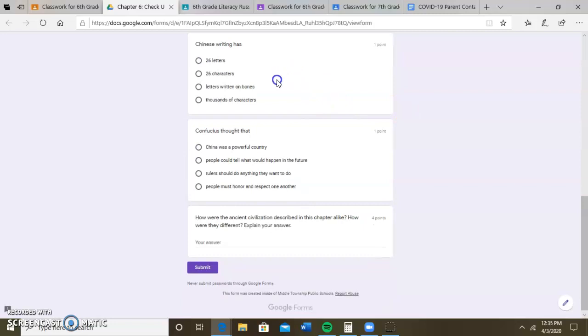Chinese writing has A, 26 letters, B, 26 characters, C, letters written on bones, or D, thousands of characters. Second to last question. Confucius thought that A, China was a powerful country, B, people could tell what could happen in the future, C, rulers should do anything they wanted to, or D, people must honor and respect one another.